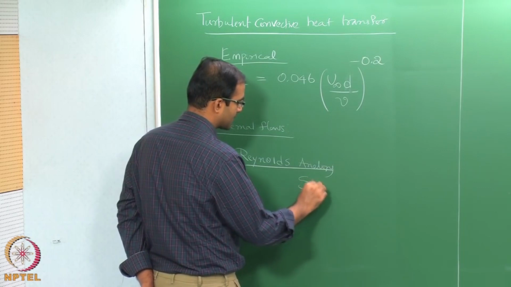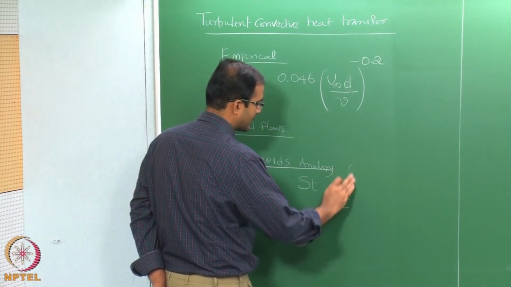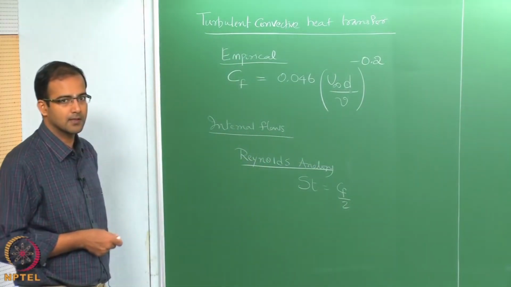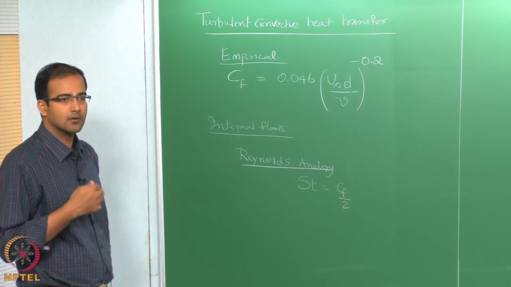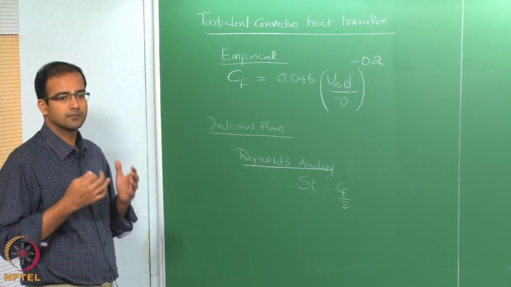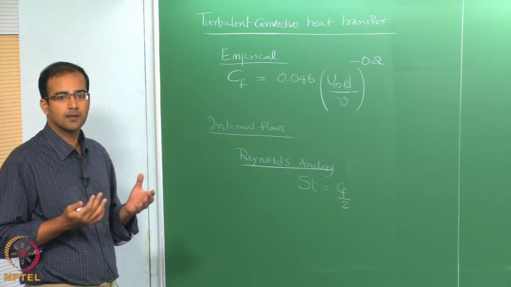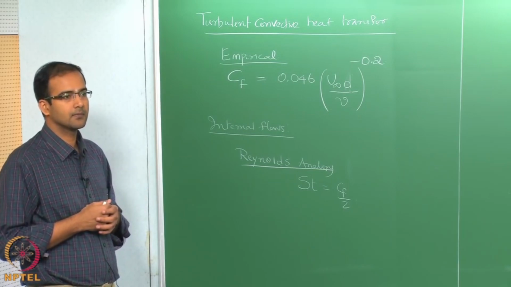Your Stanton number is equal to Cf by 2. In this case you are neglecting the role of molecular diffusivities compared to the turbulent diffusivity. But you know that there is an influence of the molecular Prandtl number even in the turbulent Nusselt number case, because this is a wall phenomenon and near the wall the molecular diffusivities cannot be neglected, right.